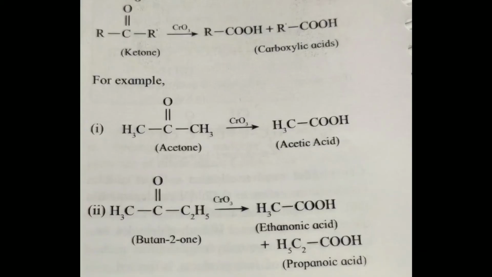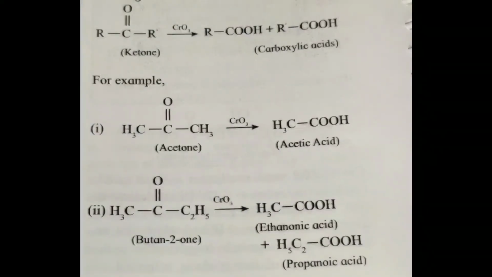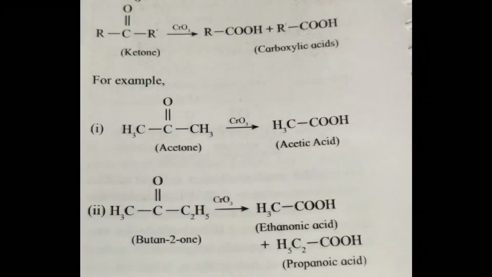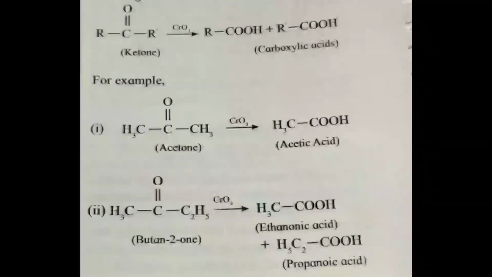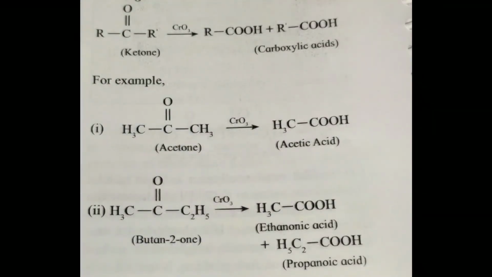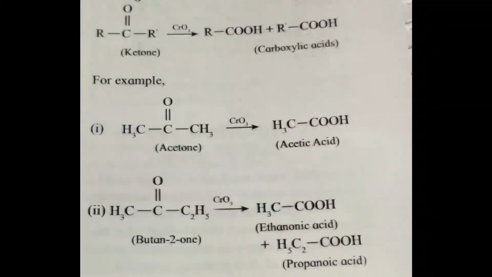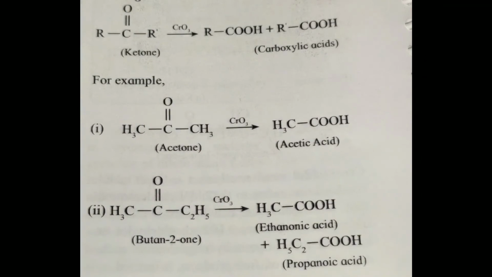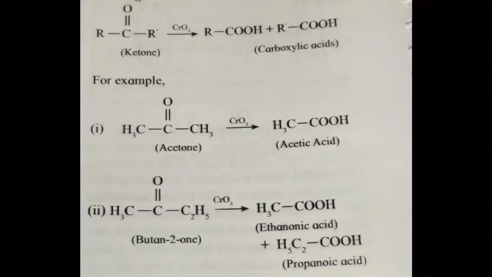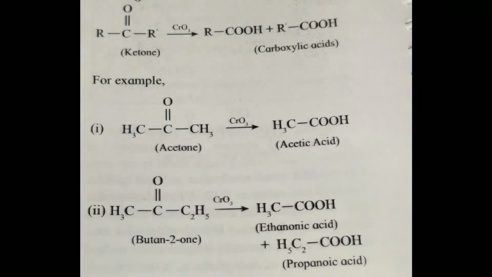The next reaction is oxidation of aldehydes and ketones by dilute HNO3, KMnO4 and K2Cr2O7. The aldehydes are oxidized to the corresponding carboxylic acid by oxidants such as dilute nitric acid, potassium permanganate and sodium or potassium dichromate in acidic medium.